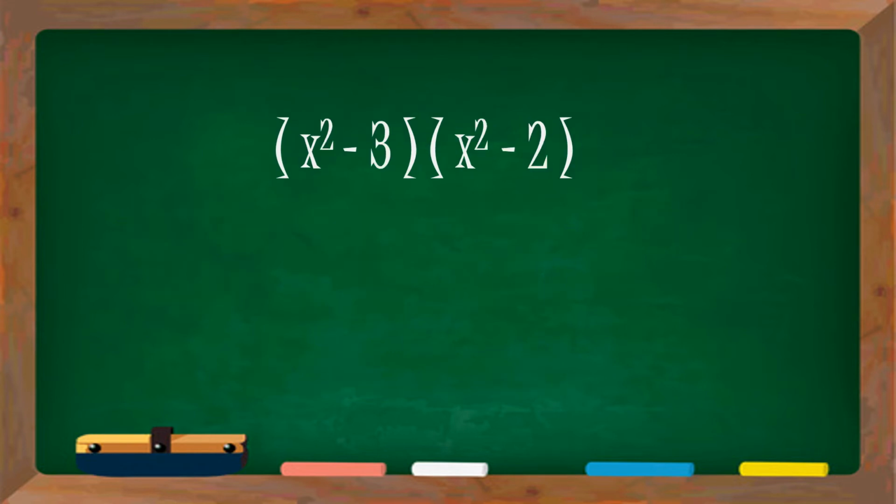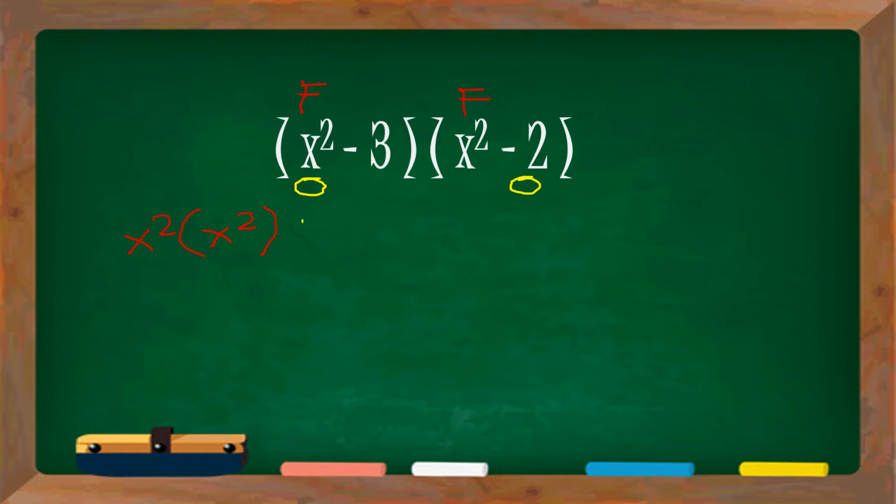Another example, we have x squared minus 3, then the other binomial is x squared minus 2. So, identify natin again, the first term is x squared. Then, ang partner niya is x squared din. So, sulat natin, x squared times x squared. Okay, after the first term, let's have the outer term, x squared and negative 2.